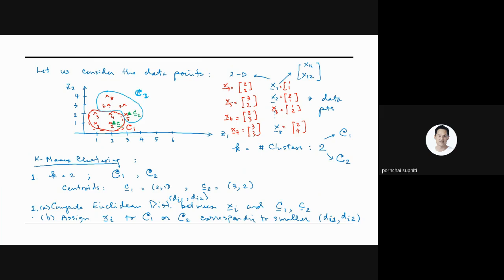So for step number 3, oops, I lost the page again. Step number 3, we will recompute the centroids. C1, let's call this iteration 2, and then centroid 2 iteration 2.